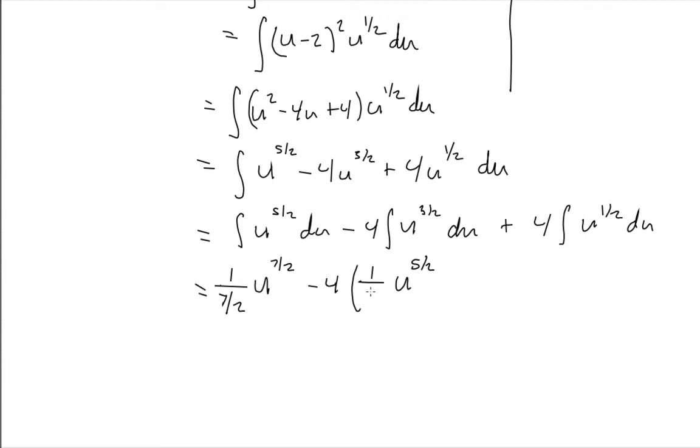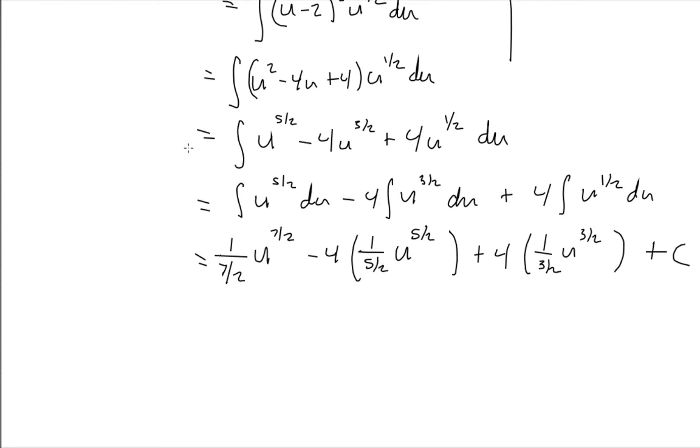And then I multiply by 1 over the new exponent, so it's 1 over 5 halves, plus 4. Same thing here. This becomes u to the 3 halves, because 1 half plus 1 is 3 halves. And then I must multiply by 1 over the new exponent. And all of these things come with constants, and I'm just going to pile them all into one giant arbitrary constant, c.